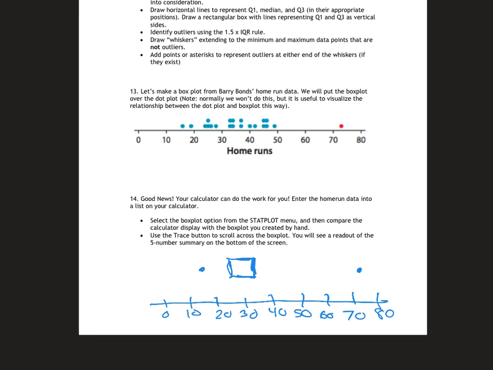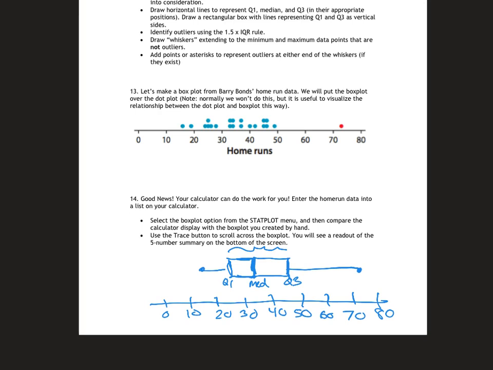And then the Q3 is 45. So let's go there. So this here is my middle half of the data, right? So this is my median, here's my Q3, here's my Q1, and the whiskers extend out to the max and the min. So the whiskers here, if you put them together, represent the outer half of the data.